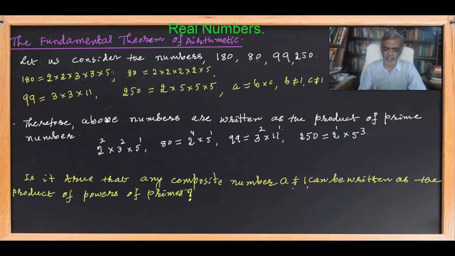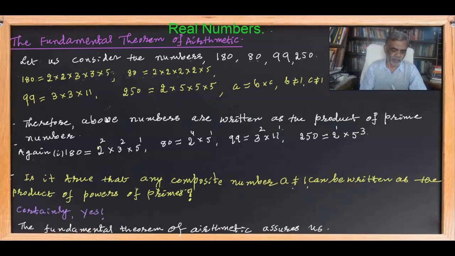Here we have taken some particular composite numbers. Now, is it true that for any composite number, it can be written as the product of powers of primes? The answer is yes. The fundamental theorem of arithmetic assures us.